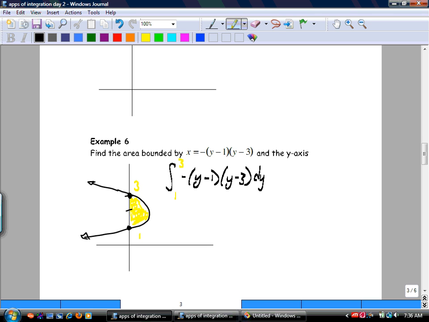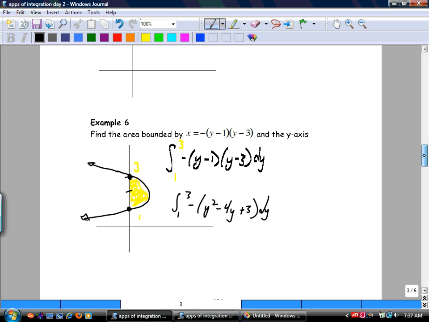Now, what are you going to do? Multiply it through, sure. y squared minus 4y plus 3. Take the negative out front, or do you want to multiply the negative in?